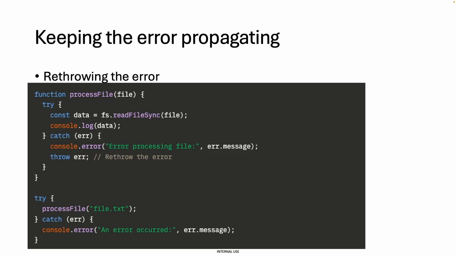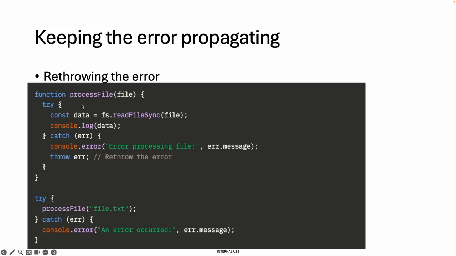So in a try-catch block, if you do end up finding yourself in the catch block, you can simply throw the error, still log it, but you can throw it, as you see down there, rethrow the error, so that it'll get thrown to the next catch block above it.